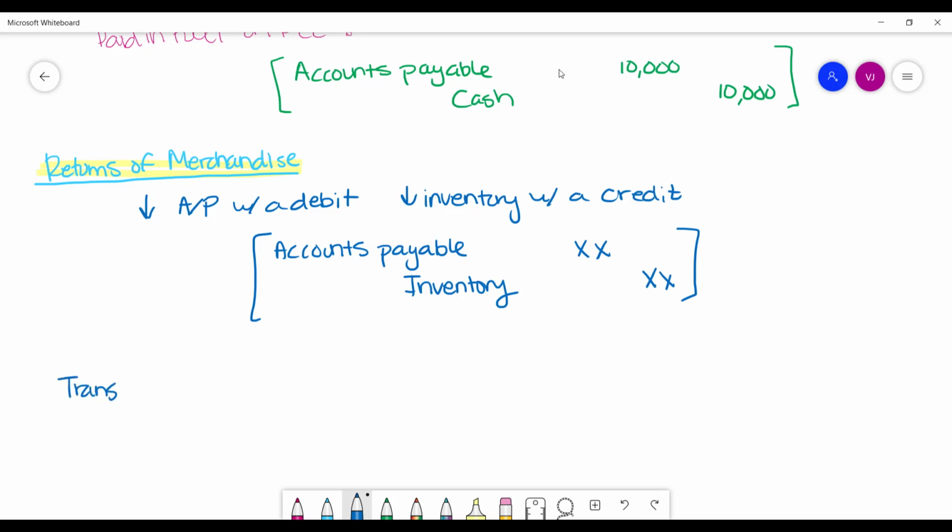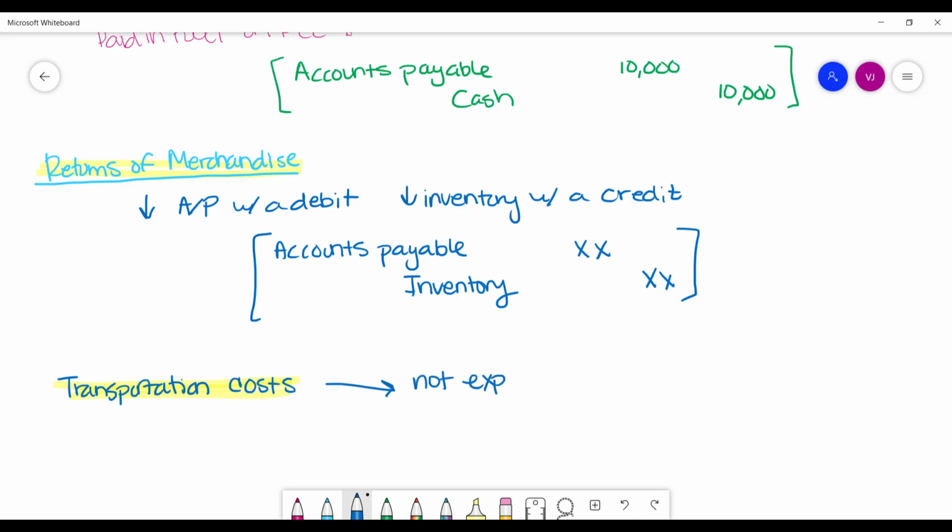What about transportation costs? The transportation costs involved with acquiring your merchandise. What about those? Shipping costs, right? Getting my merchandise to where I need it to be so I can sell it. The transportation costs that are related to acquiring your inventory, you do not include them as expenses of the current period.